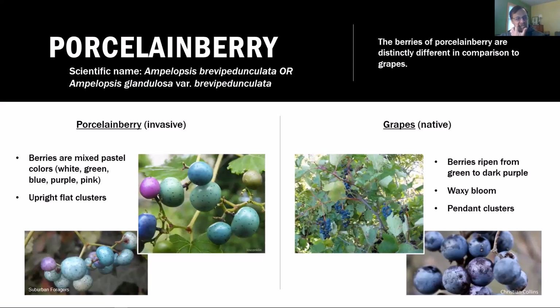There's usually a combination of colors from greens, blues, purples, pinks, sometimes white. It's really a striking plant. But if it's not in fruit, you have to look a little closer to tell the difference between them.